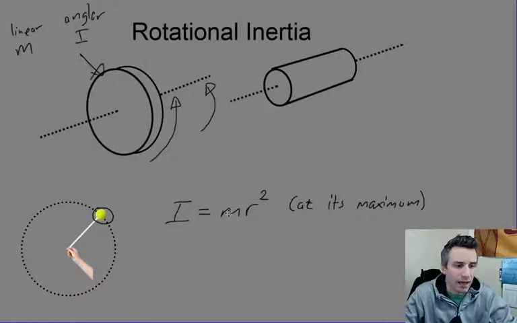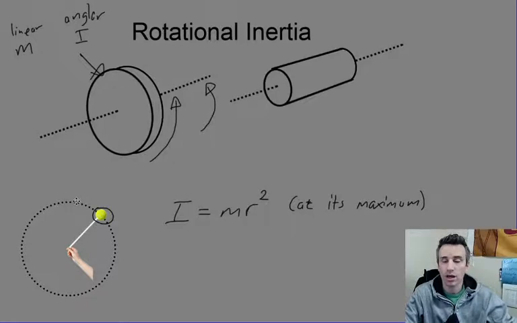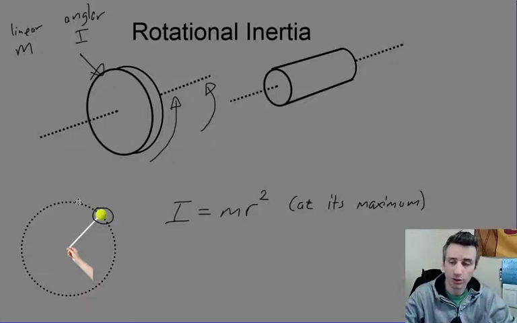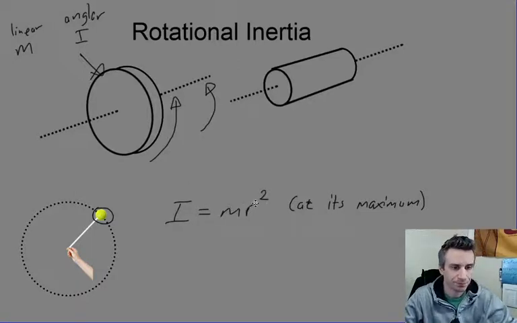If all of the mass is towards the outside, like it is in this scenario, the string is massless and all of the mass is concentrated in this spot, then we would say that the rotational inertia is equal to mr squared. So this would be true either for a ball on a string or a very, very thin hoop, like a hula hoop or some sort of ring, where all the mass is towards the outside. That is when the rotational inertia is at its maximum.